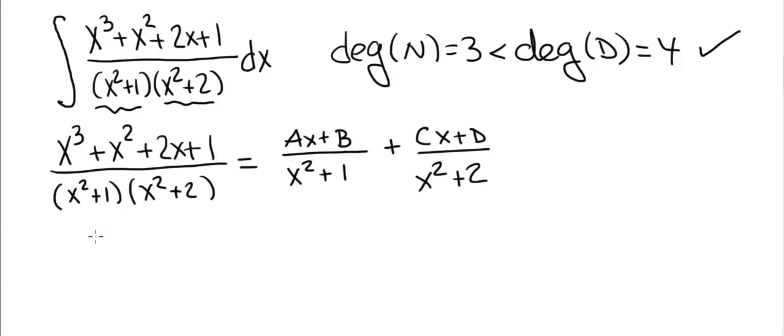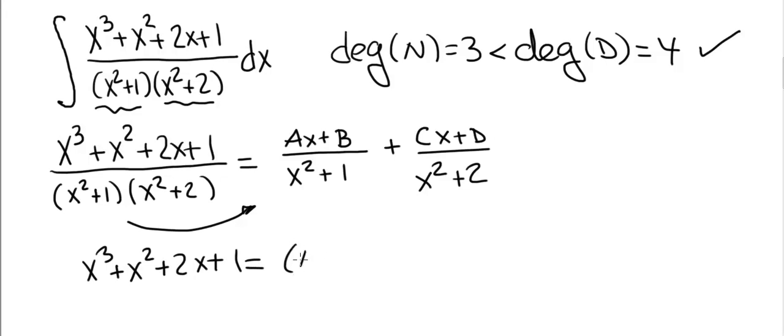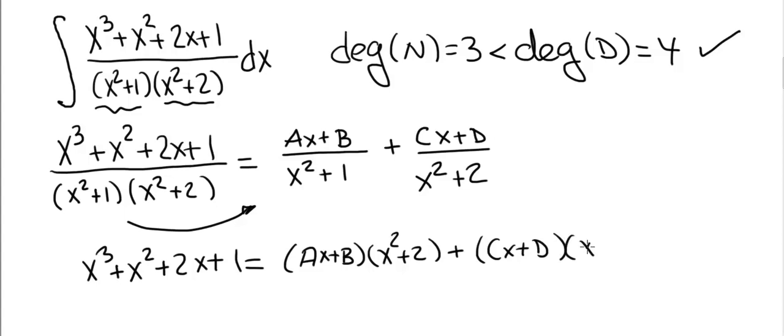And now multiply by the denominator. We have x cubed plus x squared plus 2x plus 1 equals, after cancellation, ax plus b times x squared plus 2, plus cx plus d times x squared plus 1.